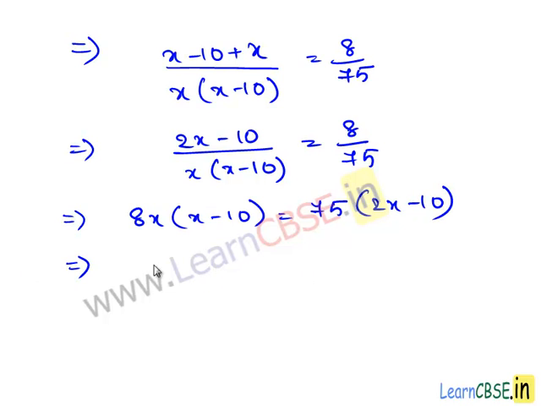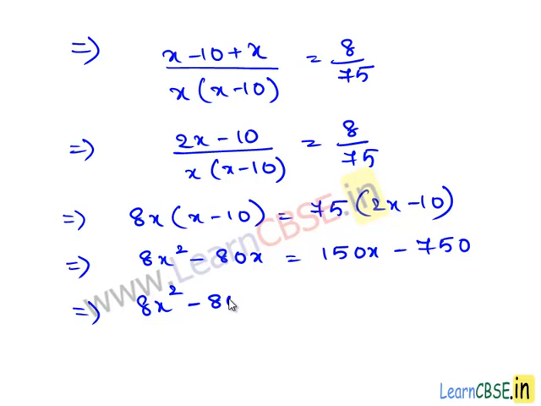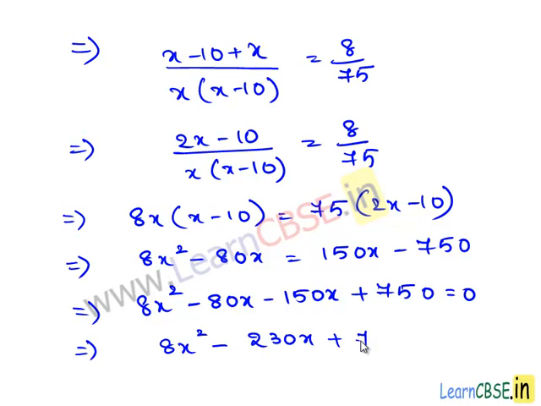On expanding, we have 8x square minus 80x is equal to 150x minus 750. Transposing 150x minus 750 into the LHS, we have 8x square minus 80x minus 150x plus 750 is equal to 0. So this implies 8x square minus 230x plus 750 is equal to 0.